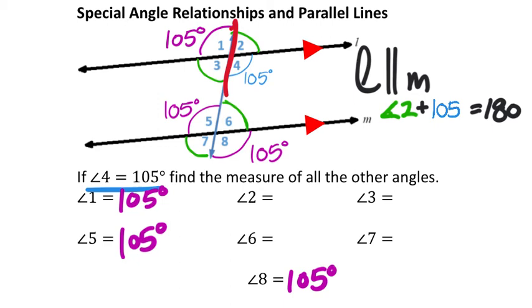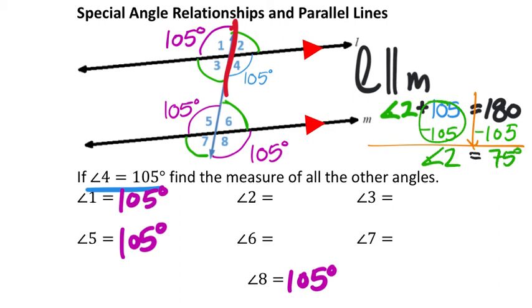Not too bad. So one principle of equality will do it. So I will go ahead and subtract 105 from both sides of this equation. But we'll do it right this time. So 180 minus 105. You can see why I would recommend using a calculator right here, but that's going to be angle 2, 75 degrees, okay?